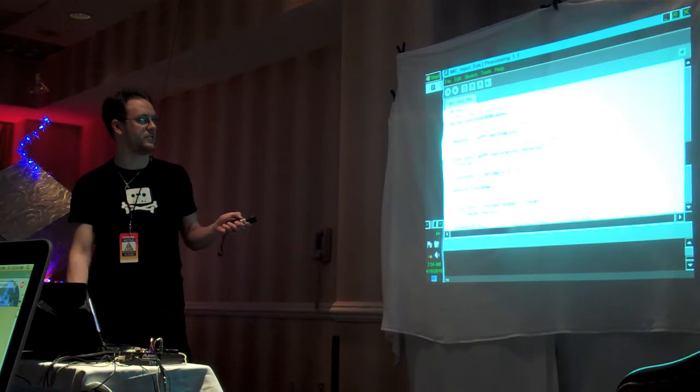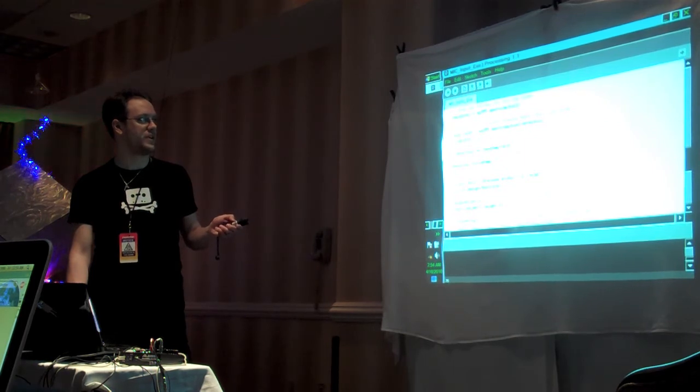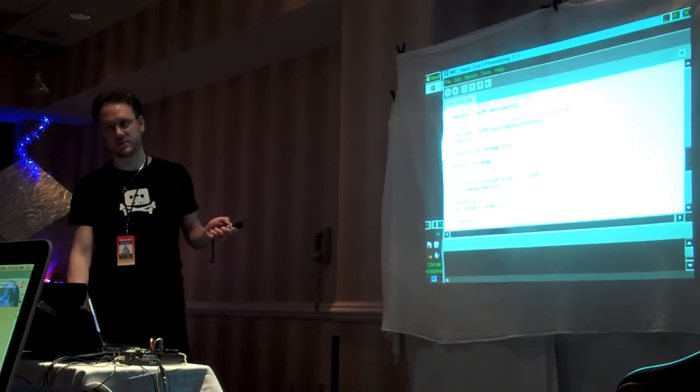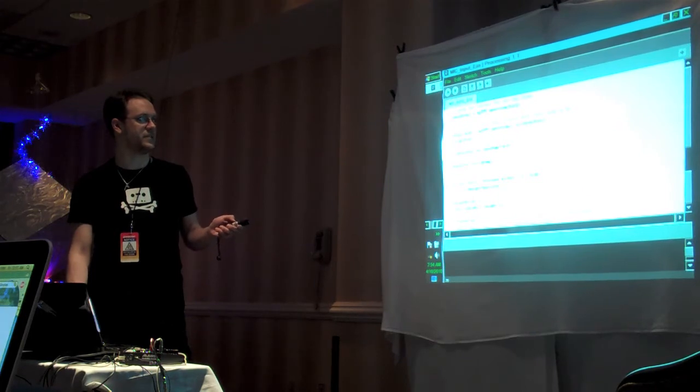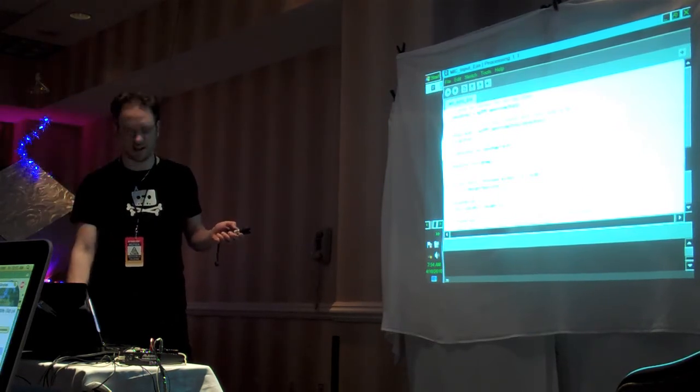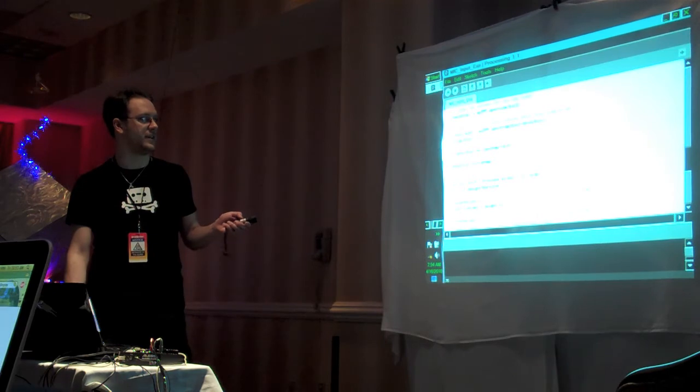We put that in a bars array. We take the difference between the previous frame of where the dots were and the spectrum. So this is how much they've moved in the last frame.